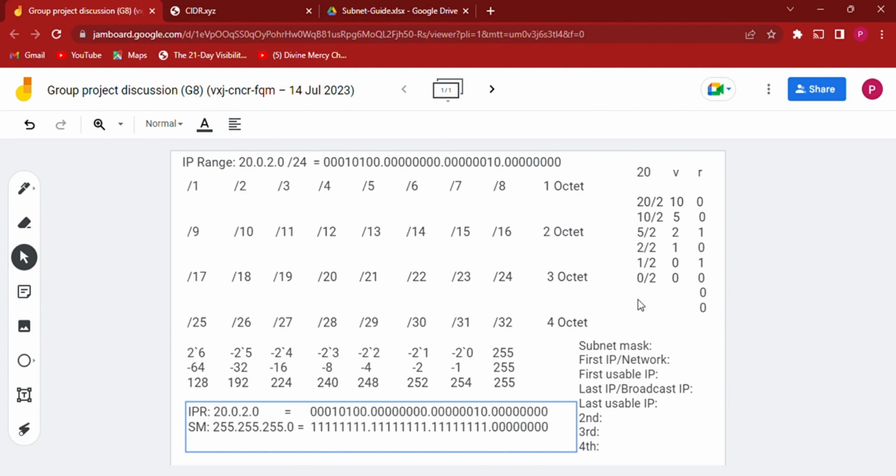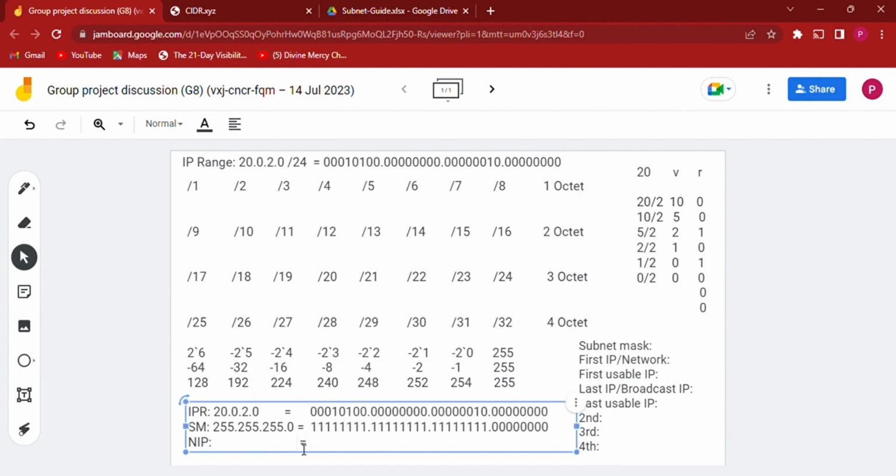Those are the rules for performing an AND operation. It's more like true and false. So to calculate the first IP or the network IP, let me just write network IP, you perform the AND operation.